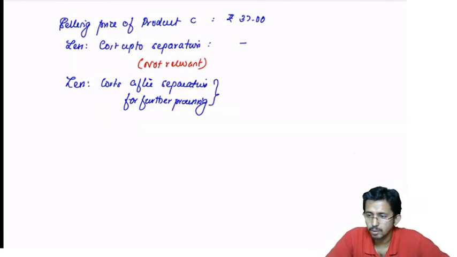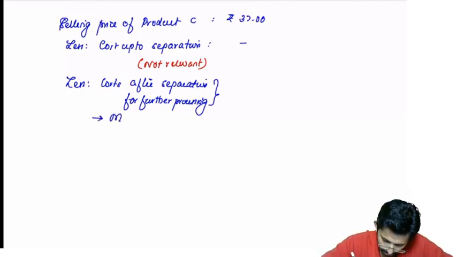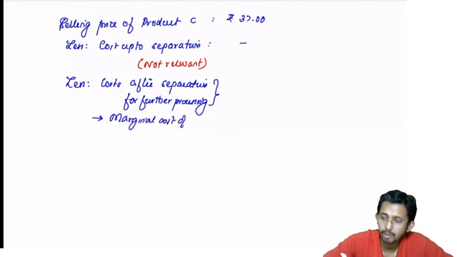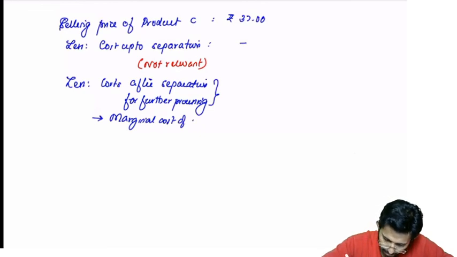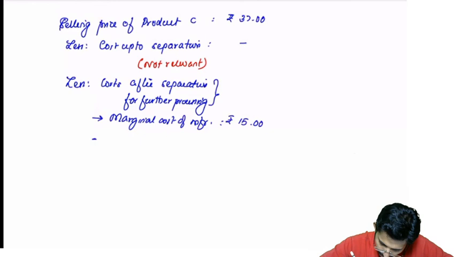Now here you have two types of cost. One is marginal cost of further processing or manufacture, which is given to be rupees 15 per unit.